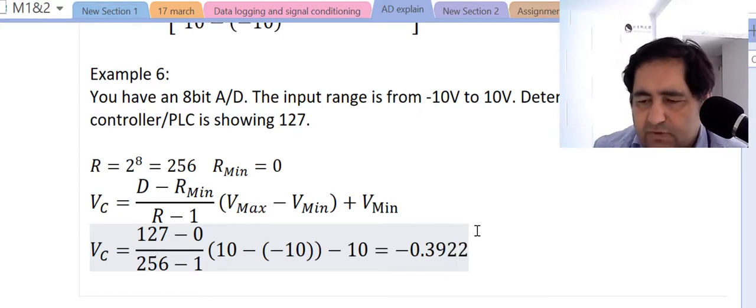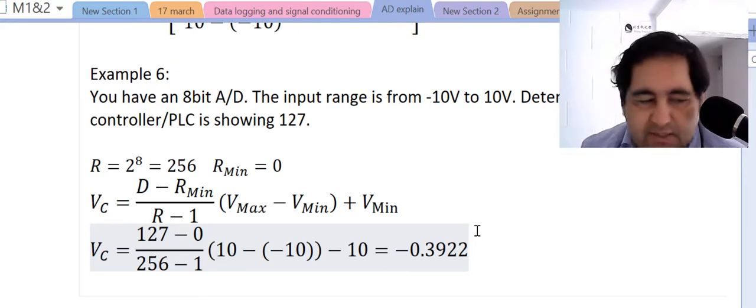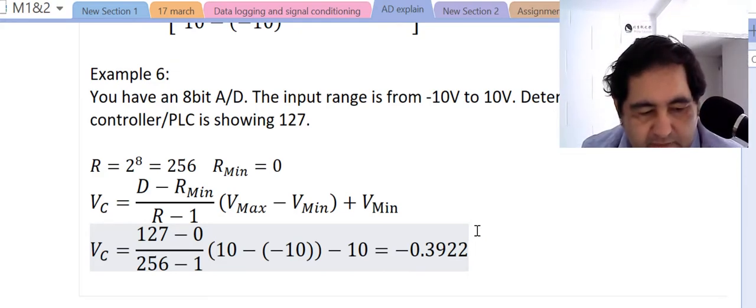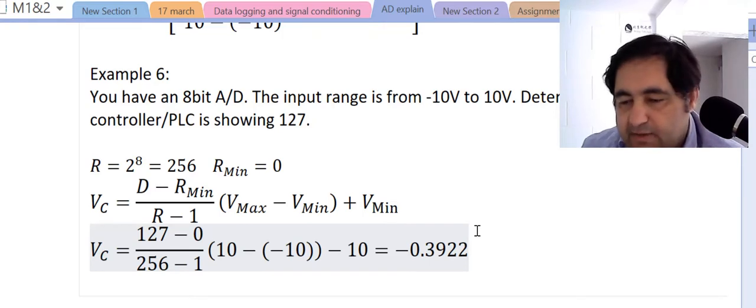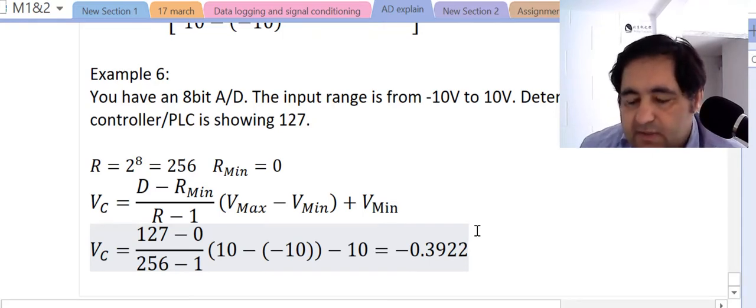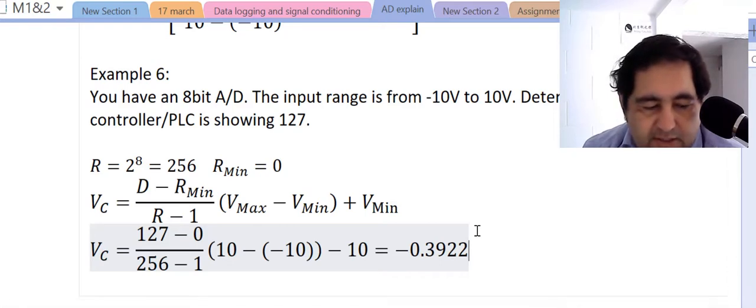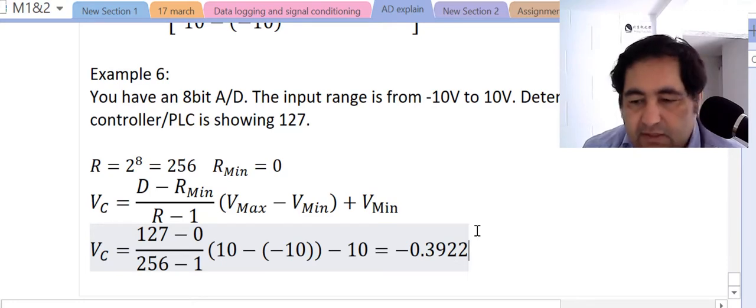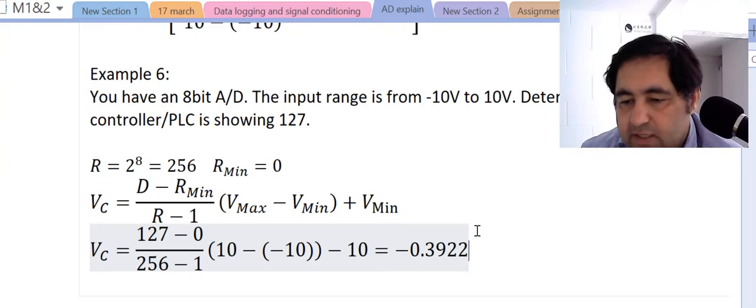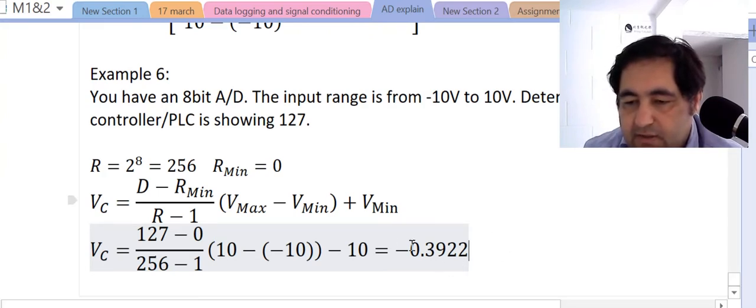I just wanted this much accuracy. Obviously I can go further as required, but anyway, I just look at 4 significant figures for this question. So you can see that this is the number that I am getting, as calculated.